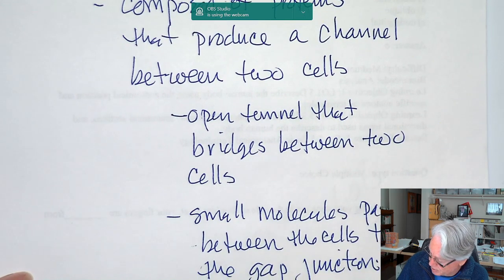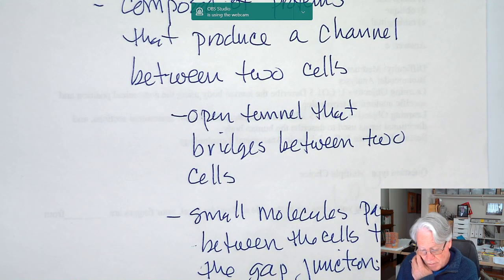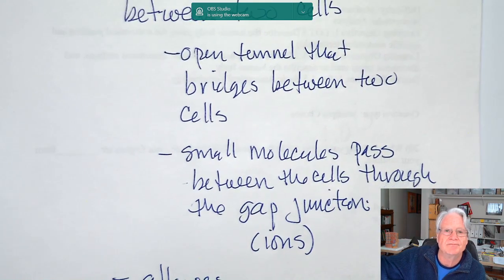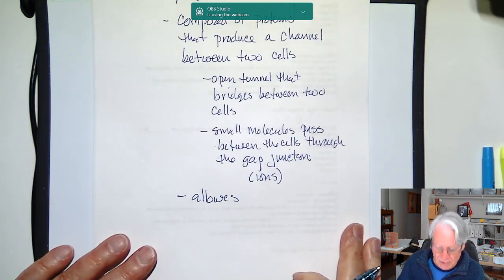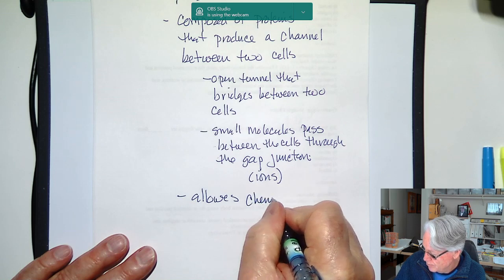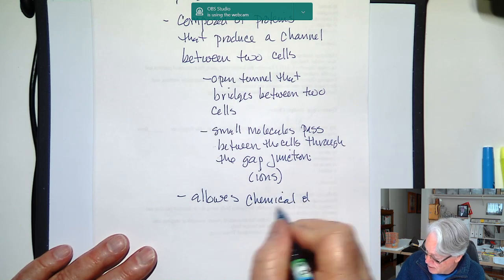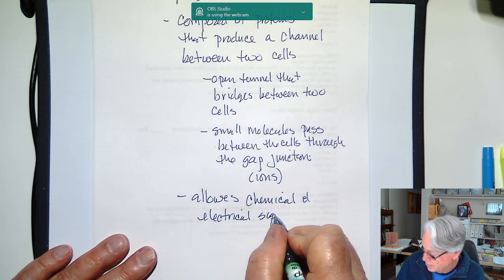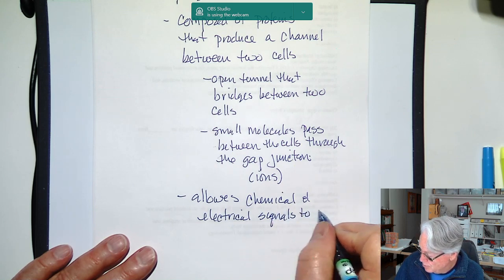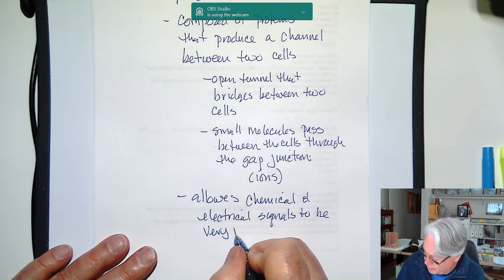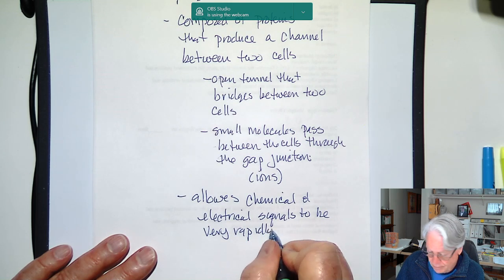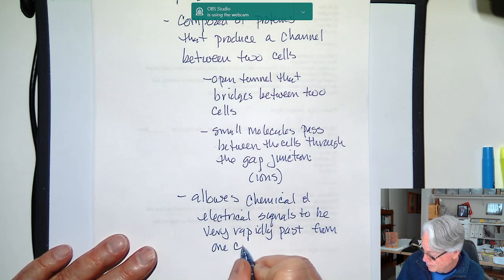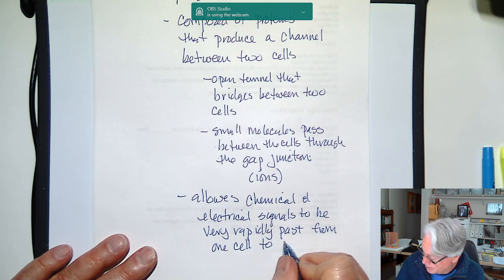Okay. We're talking about our ions primarily. And what this does is it allows chemical and electrical signals to be very rapidly passed from one cell to another cell.